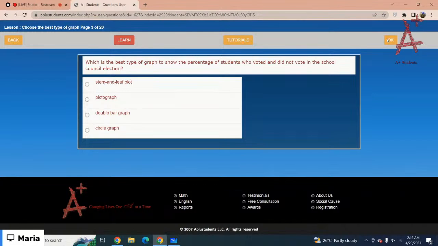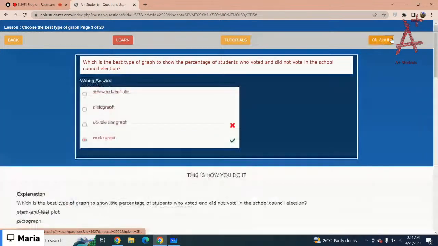Circle graph, you have to compare these two values. So I think that would be the double bar graph because you have to compare two values. So when you have to compare two values, you can use the double bar graph. That's what I think. Oh, that is the circle graph.